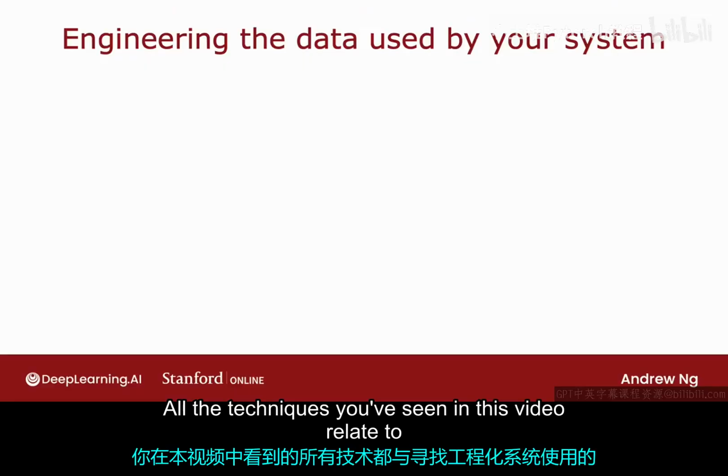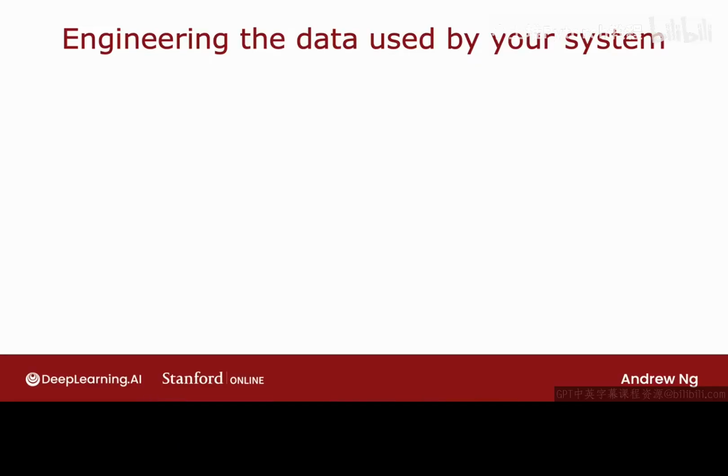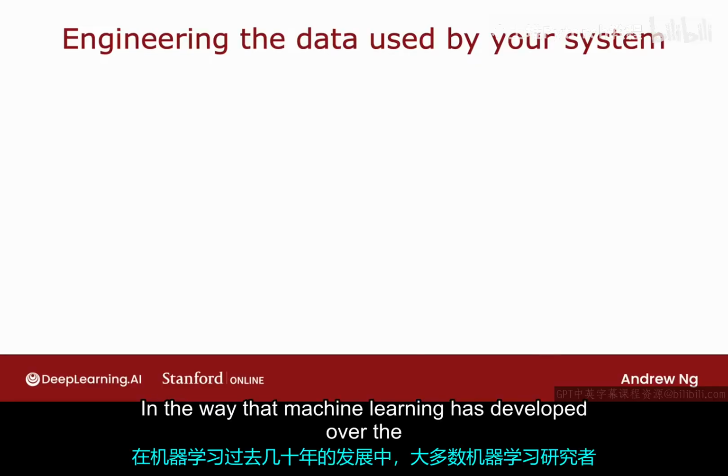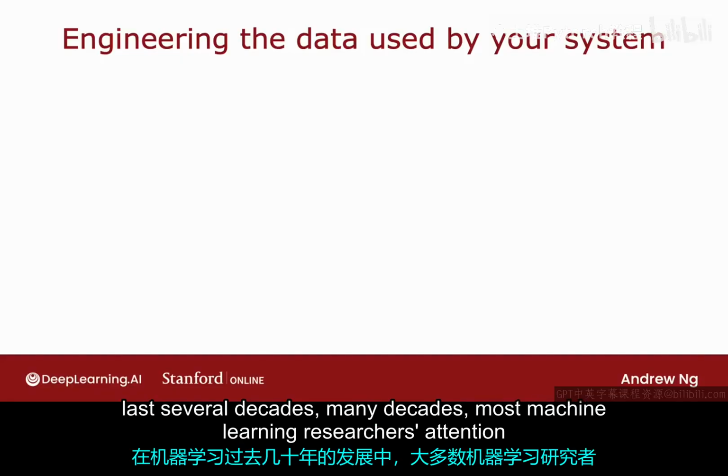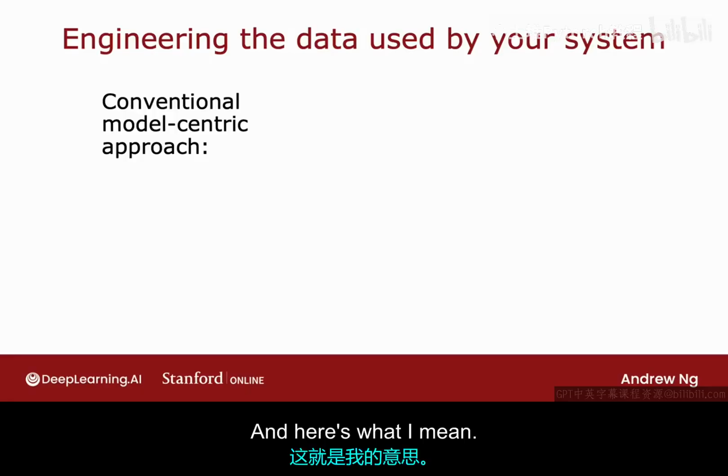All the techniques you've seen in this video relate to finding ways to engineer the data used by your system. In the way that machine learning has developed over the last several decades, most machine learning researchers' attention was on the conventional model-centric approach. And here's what I mean.